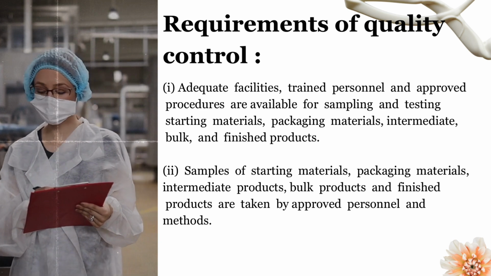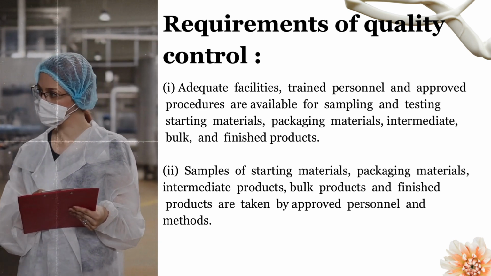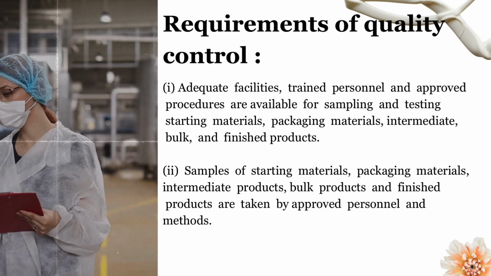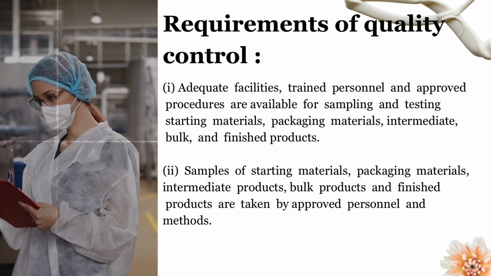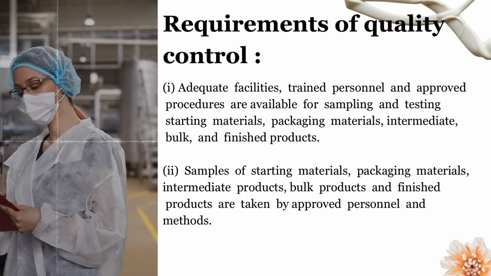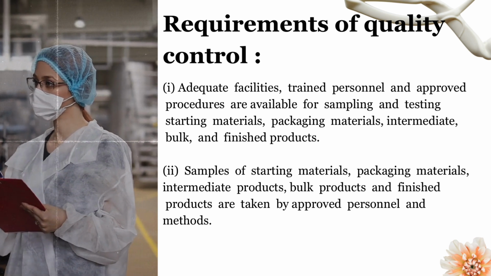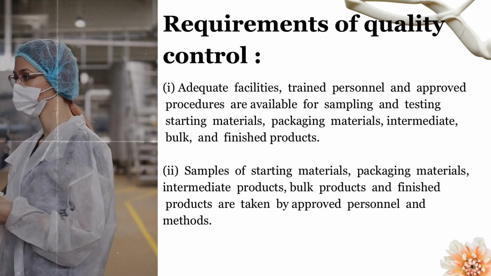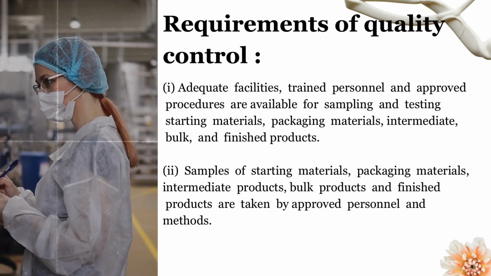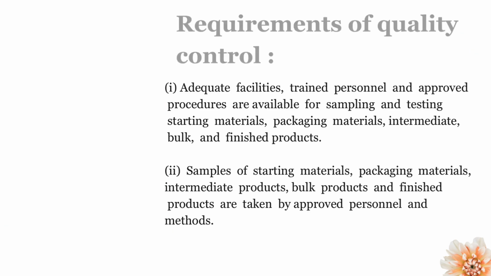1. Adequate facilities, trained personnel, and approved procedures are available for sampling and testing starting materials, packaging materials, intermediate, bulk, and finished products. 2. Samples of starting materials, packaging materials, intermediate products, bulk products, and finished products are taken by approved personnel and methods. 3.